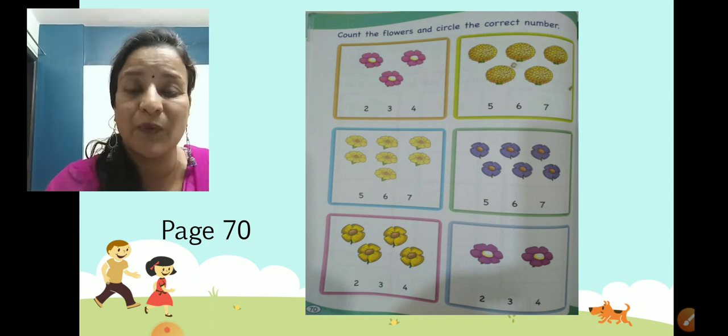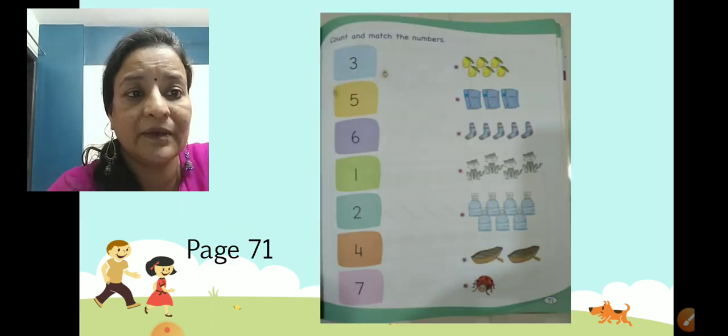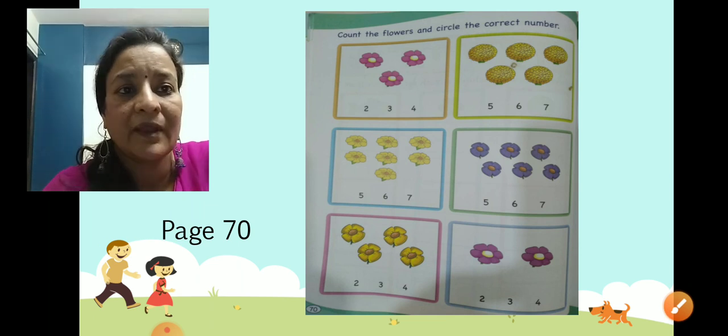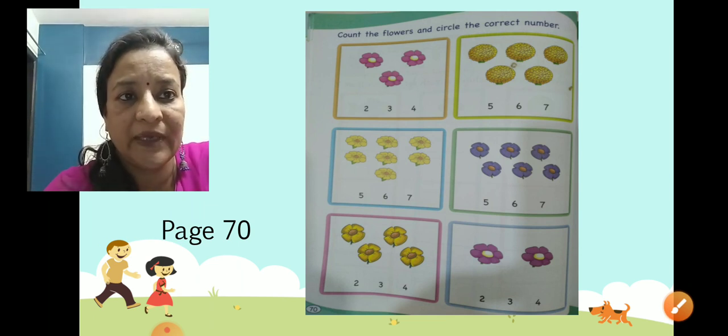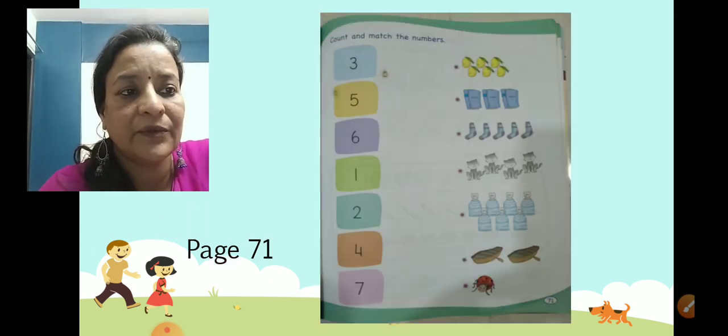Okay. So what have they asked us to do? Count the flowers and circle the correct number. Okay. So here we have 1, 2 and 3. So we are going to circle the number 3.